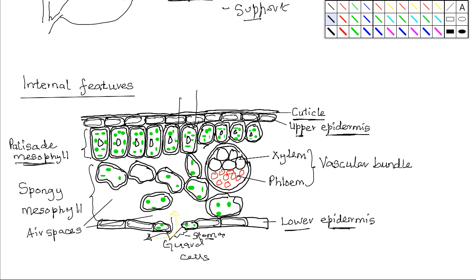If you see the orientation of the cells, this is their long axis. It is perpendicular to the surface of the leaf, so that it can receive maximum light.